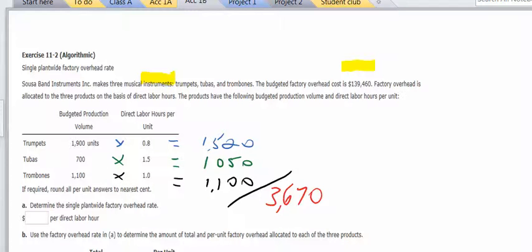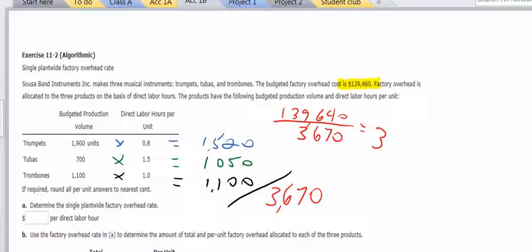So to determine the single plant-wide factory overhead rate, and that's per direct labor hour, my final calculation is to take the 139,460. That's my factory overhead. I'm going to divide that by my total direct labor hours of 3,670. It looks like I get 38.05.